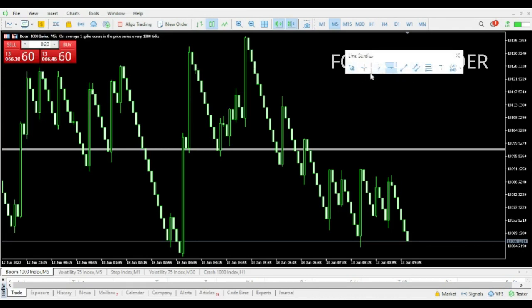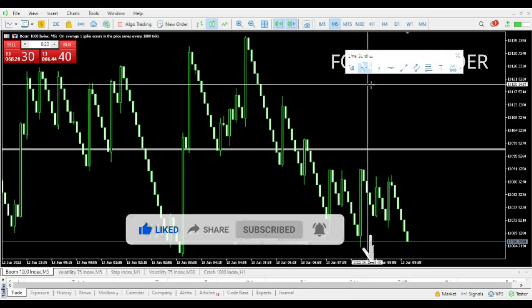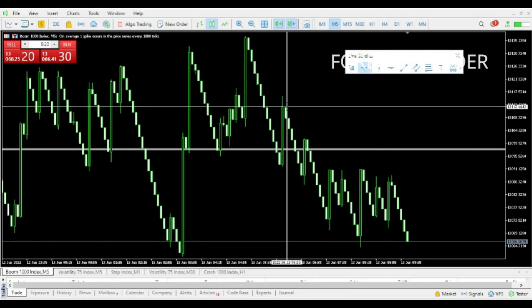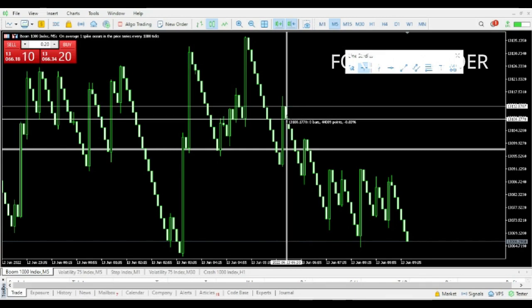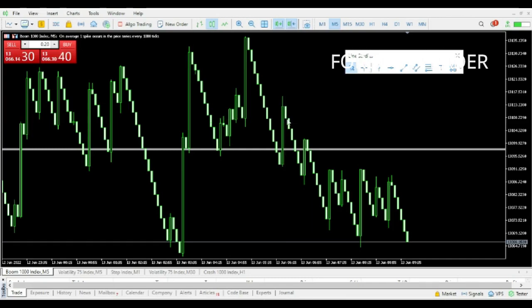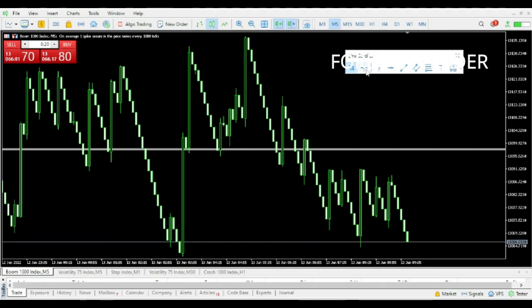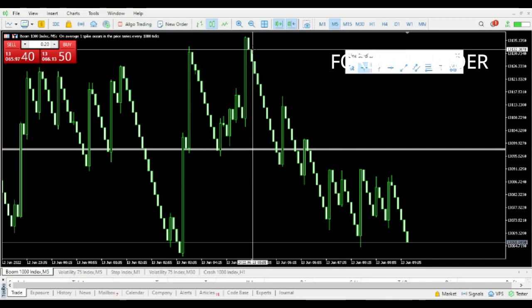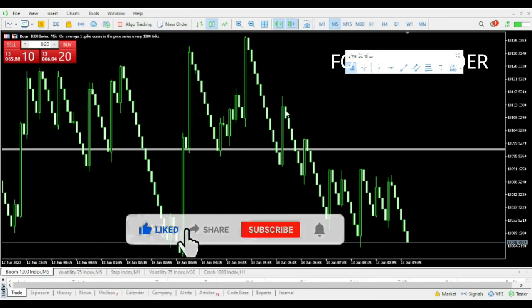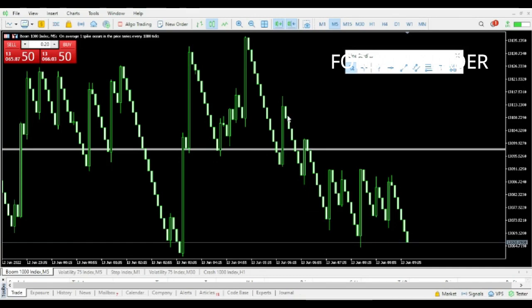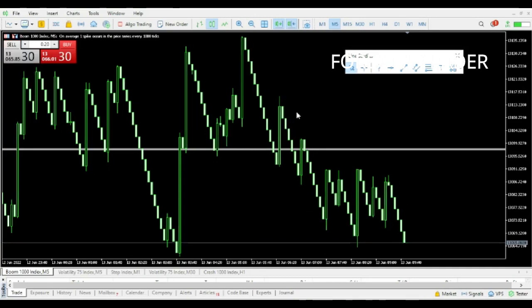So what you want to do is get an idea of the average candle size on boom and crash. If you're going to trade crash or boom, if you're going to use this strategy that I've just given you, you want to have an idea of the average candle size, so that we only capture at least that one candle, which is at least guaranteed.